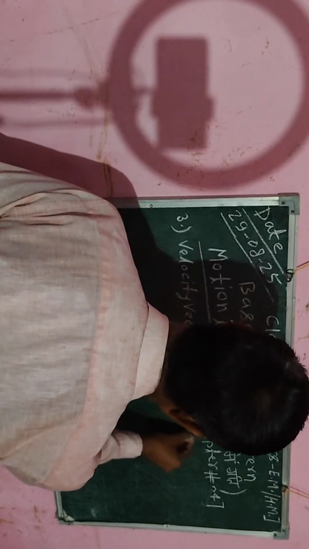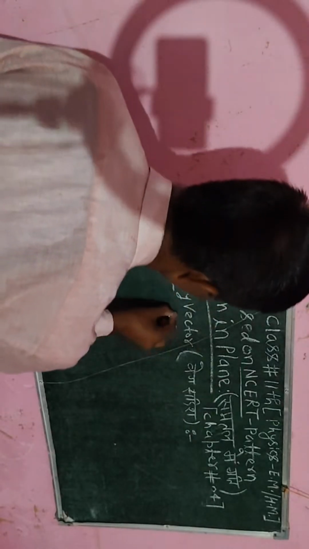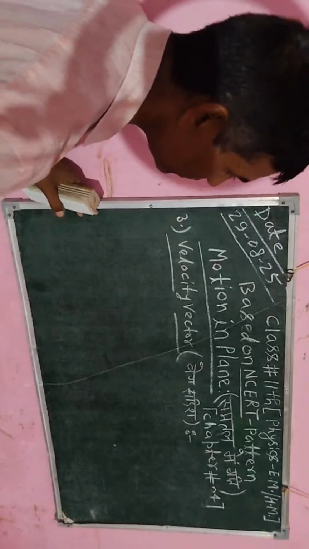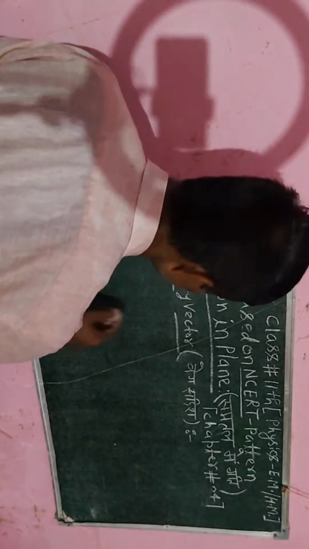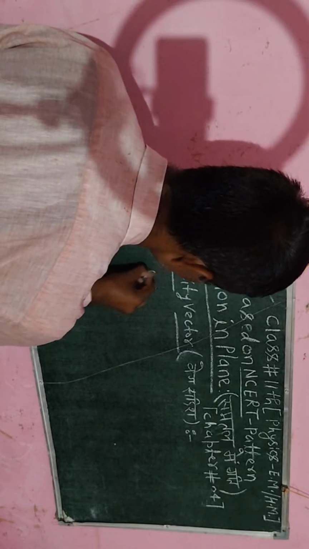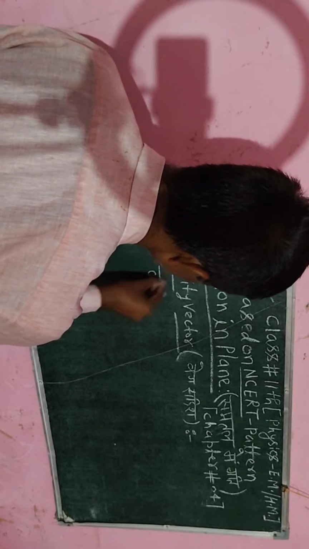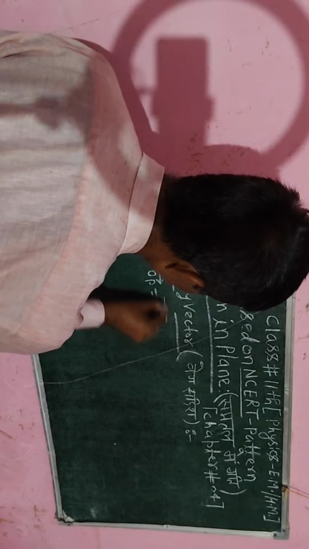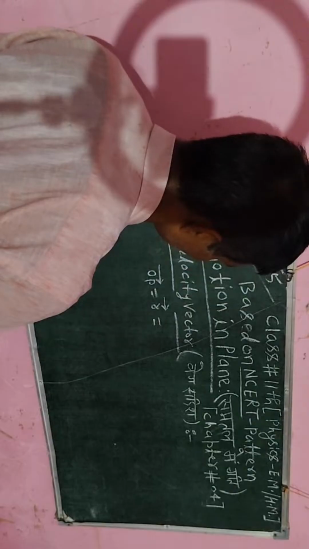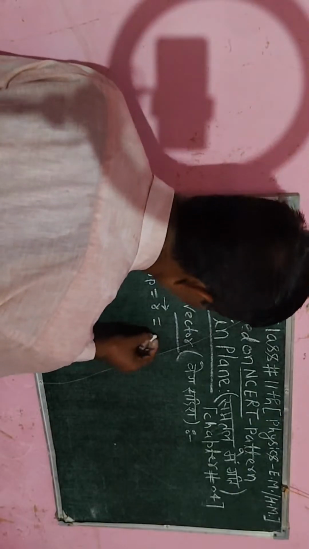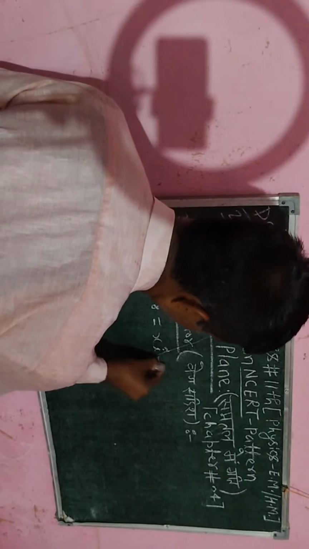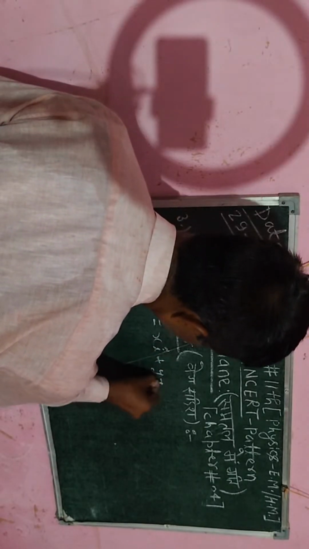Here I will explain the velocity vector of wave surface. Now I have to write the position vector. The position vector is written OP. For a point, it is written as vector R, in the form x vector i cap plus y vector j cap.